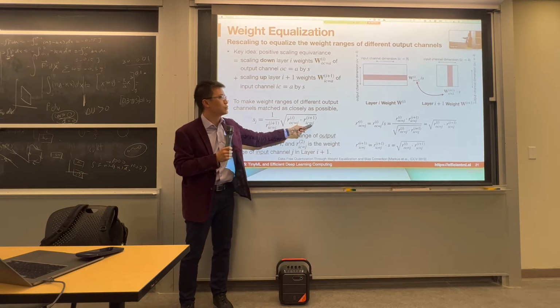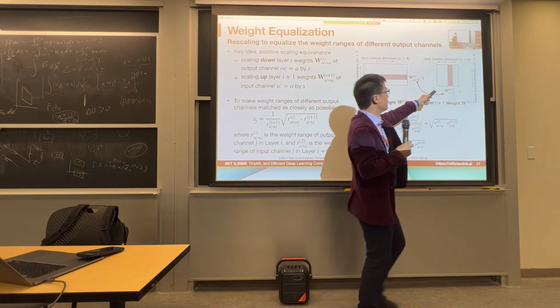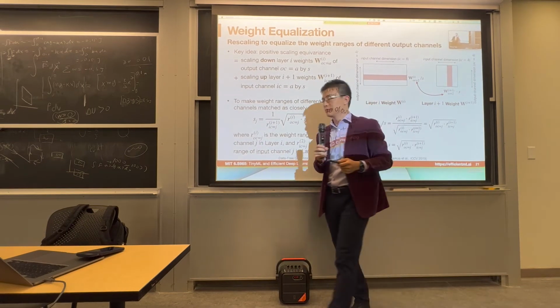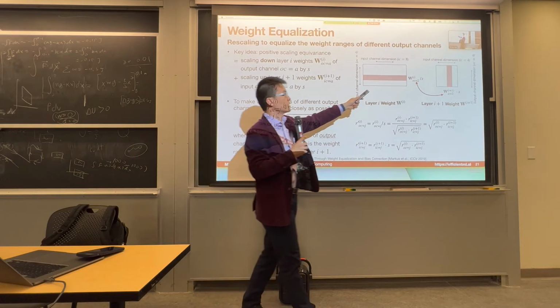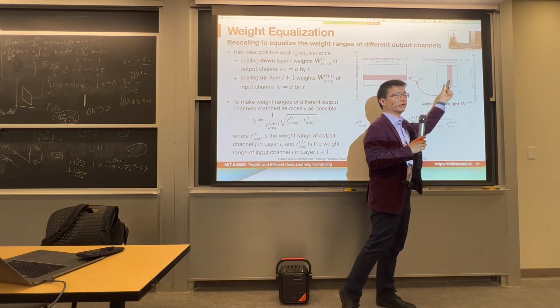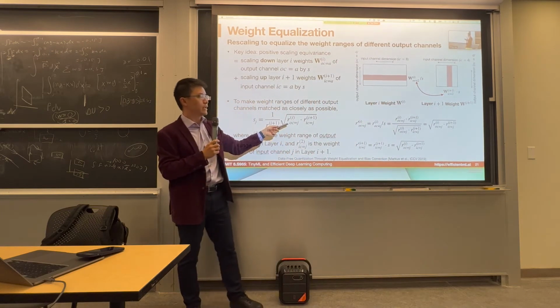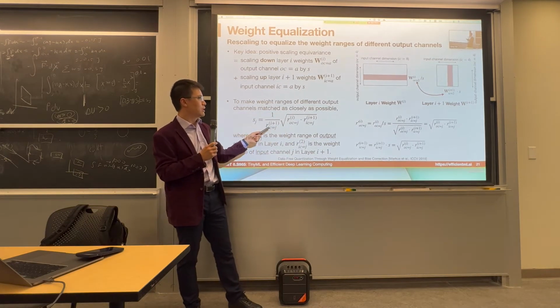And for the i plus 1 layer, this is the jth column. That's why we have this IC equal to j. IC corresponds to the input channel, OC corresponds to the output channel. So for layer i I have OC equal to j, and finally I have IC equal to j for layer i plus 1.